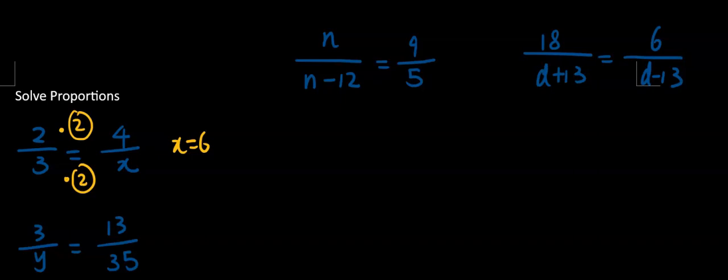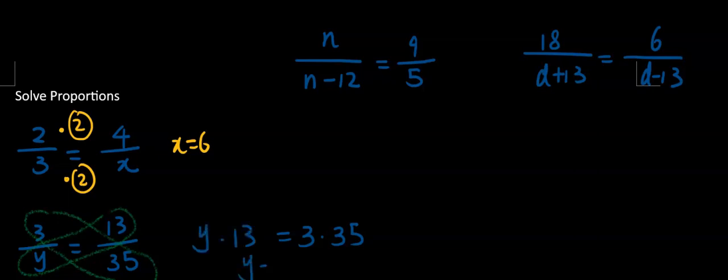Now, remember, you can use cross multiplication, or you can ask yourself a question: does this number multiplied by another quantity become the next one? All right, this one we can try cross multiplication. 3 times 35 equals y times 13.